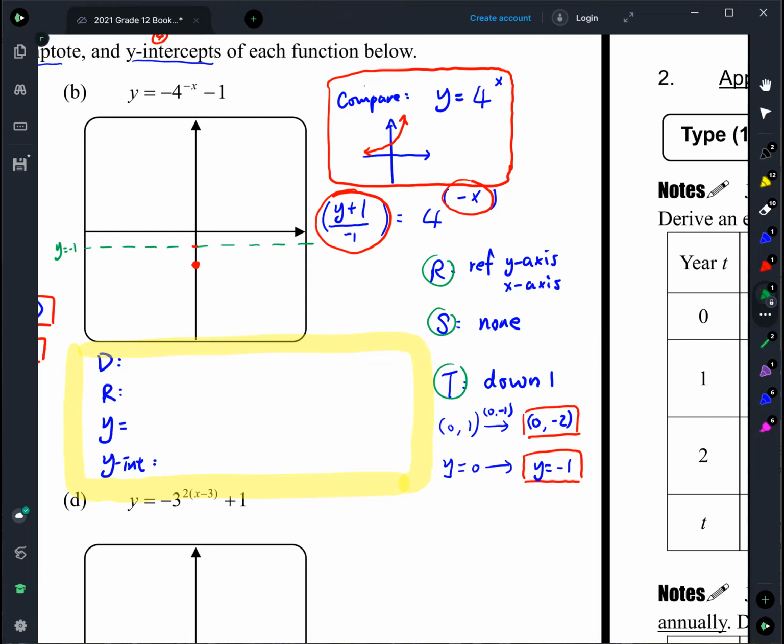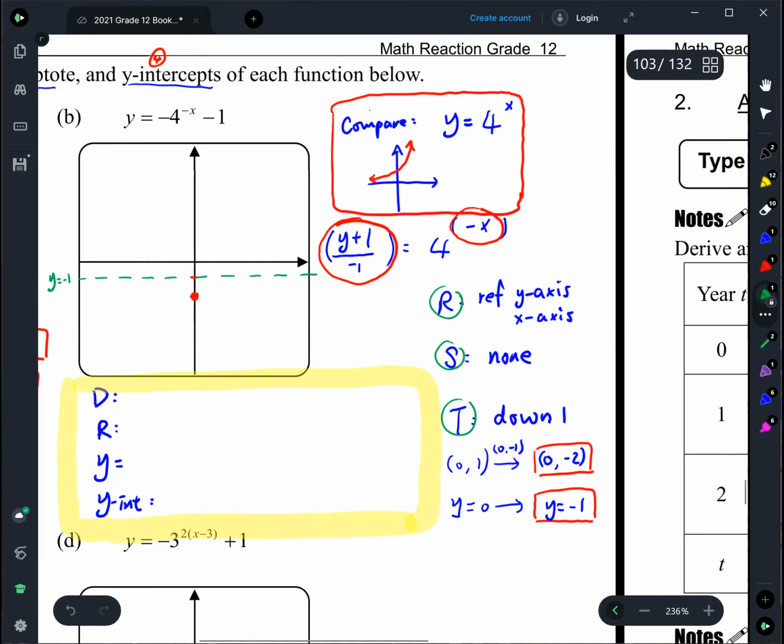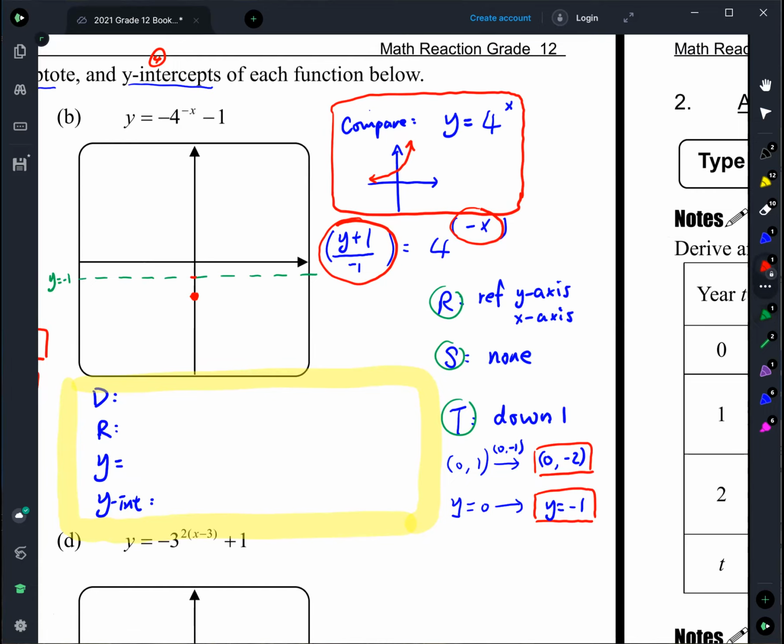Okay, please draw the curve and raise your hand. Which way would it curve? Basically, there are 4 options, right?